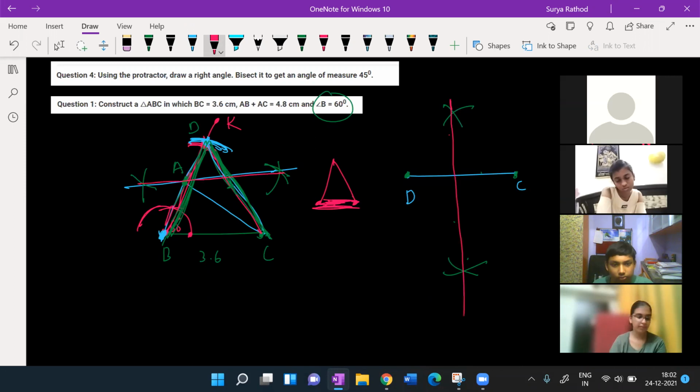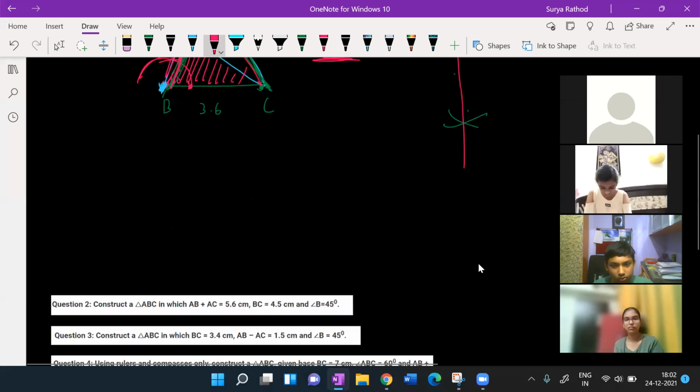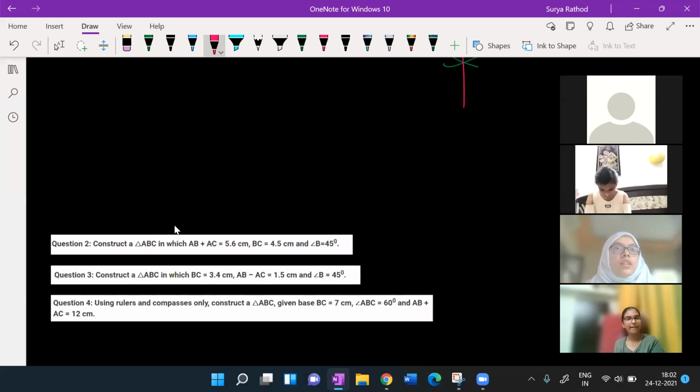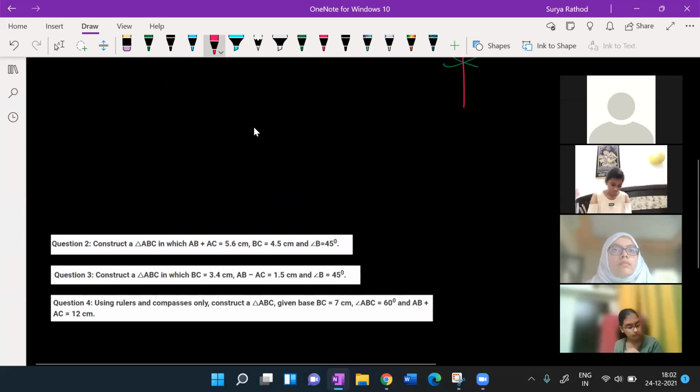So I got a point here. This is my triangle ABC, the shaded one. Clear? Shall we go for the next one? Sir, can you show question number 3? Just a minute, one second.